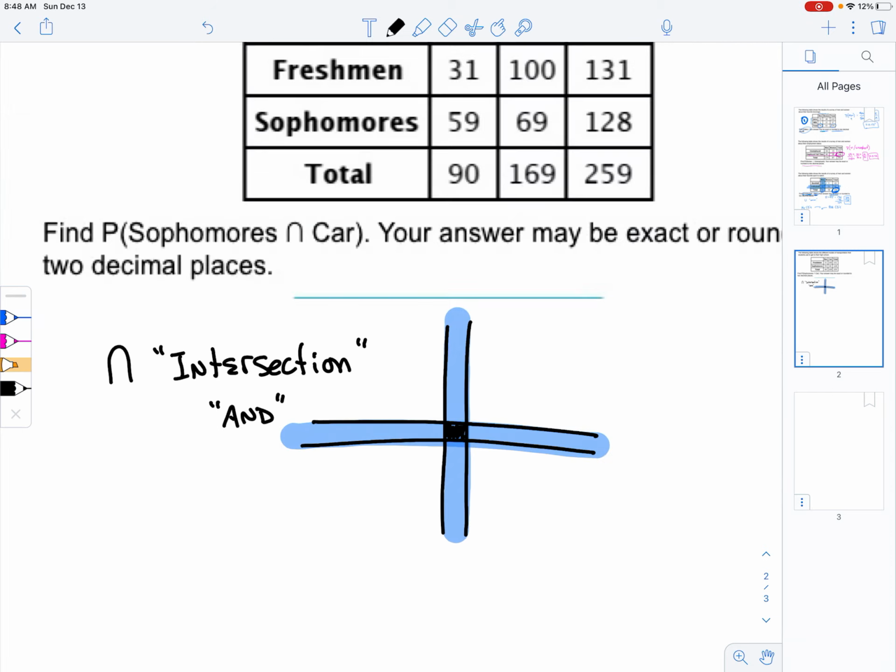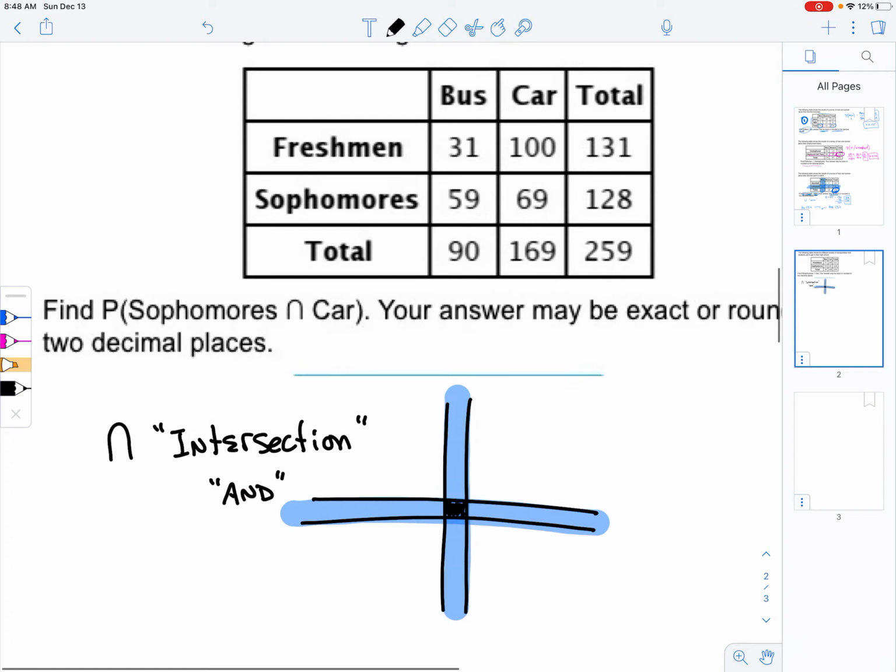When I use that example of my wife's CDs and my CDs, if we talked about the intersection of our CD collections, the only intersection was that one Billy Joel Greatest Hits album. That was the only intersection between the two. So if I use that as an example here, find the probability that I choose the intersection, the overlap, the and, between sophomores and people that use cars.